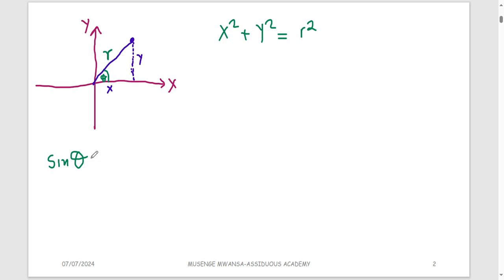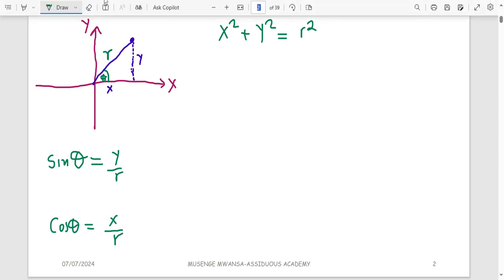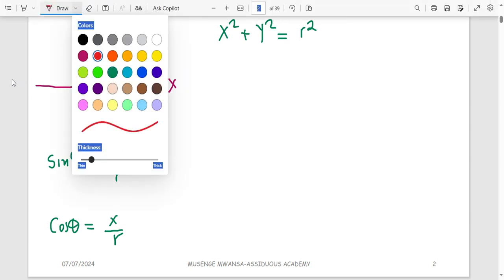Sine is opposite over hypotenuse, and the opposite side to theta is y, the hypotenuse is r, so sine theta is y over r. And cos theta is adjacent over hypotenuse. The adjacent is x, the hypotenuse is still r, so cos theta is x over r. Don't forget about these two, they are very vital.